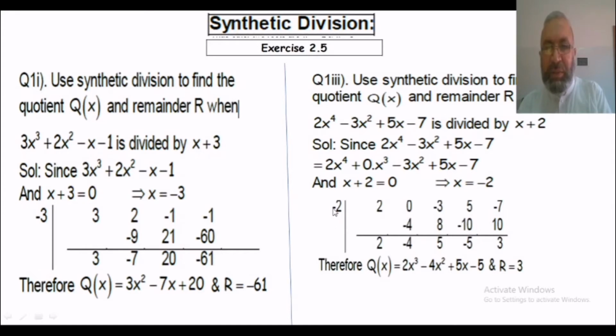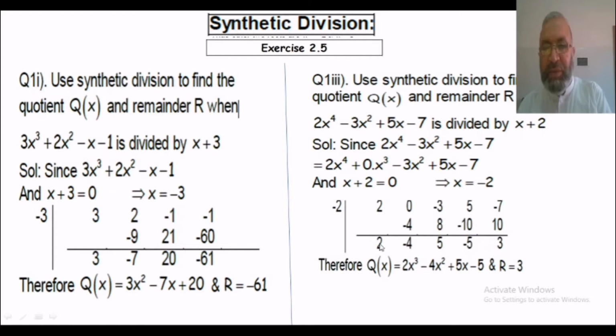Again, −4 multiplied by −2, we get 8, adding to the next coefficient, −3 plus 8 is 5. 5 multiplied by −2 is −10, adding to the next coefficient, 5 − 10 becomes −5. −5 multiplied by −2 becomes 10, adding to the next coefficient, −7 plus 10 becomes 3. Thus the last term, 3, is the remainder, and the remaining terms are the quotient coefficients for the constant, x square, and x cube.